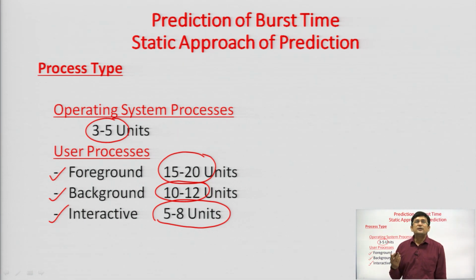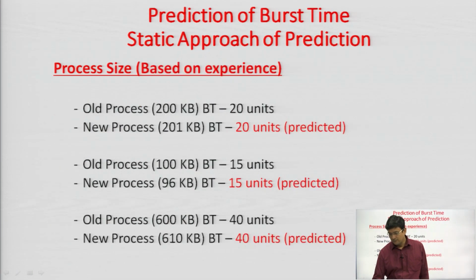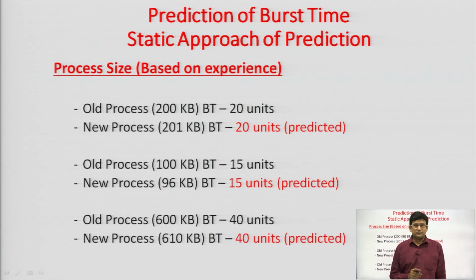Another one is depending on the process size. For example, based on the previous experiences on the same system, the operating system has found that when the process size was 200 KB, the burst time was 20 units.